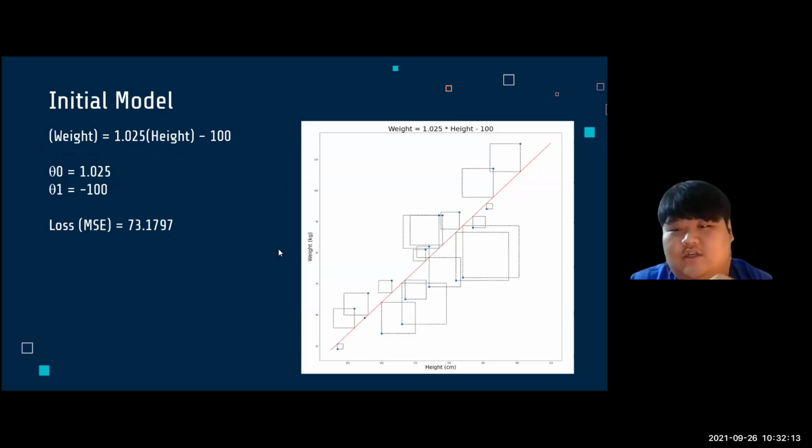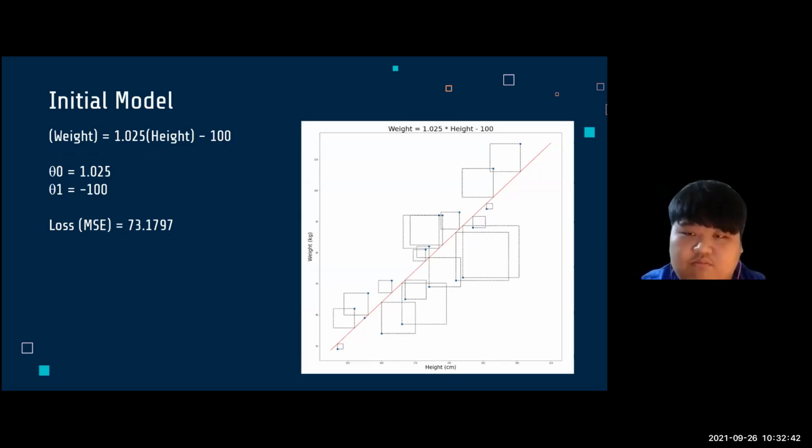Okay, so let's see what happens after doing this gradient descent algorithm. This was our previous model, or initial model, which had weight equals 1.025 times height minus 100. So our theta null was the constant, 1.025, and our theta 1 was the y-intercept, which is negative 100.